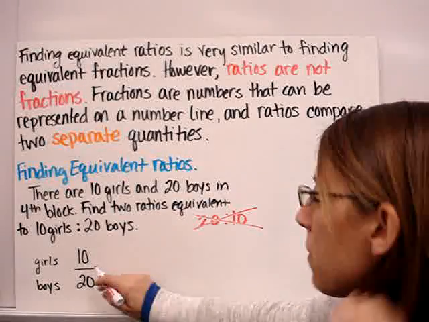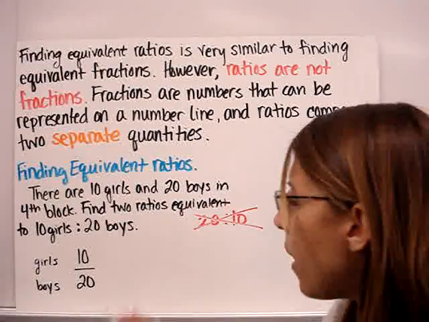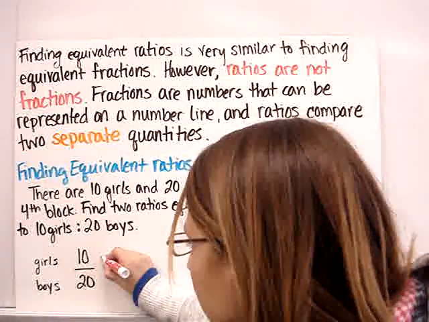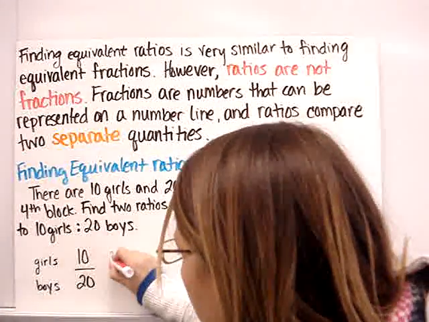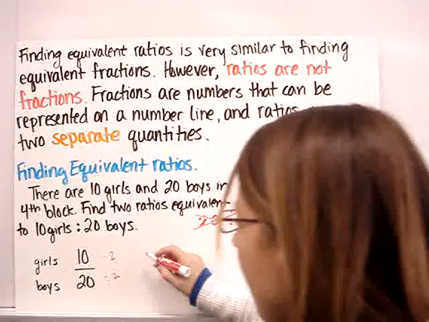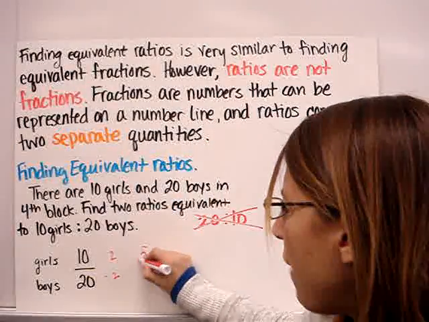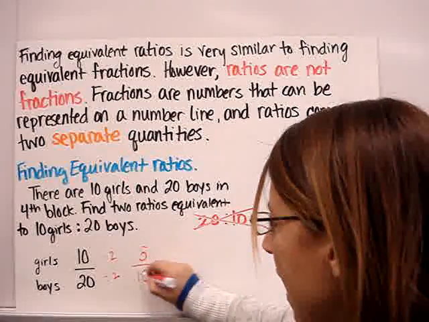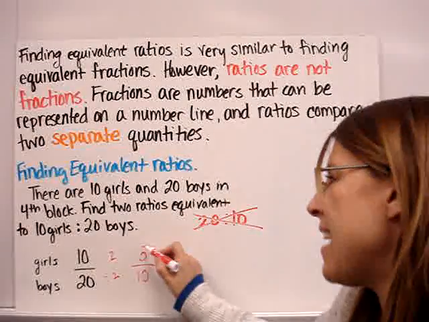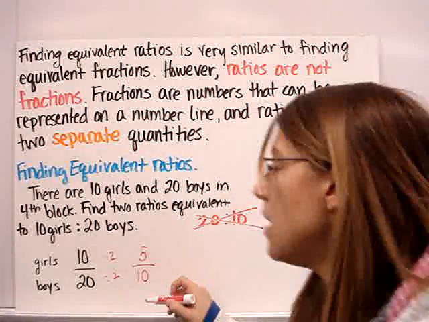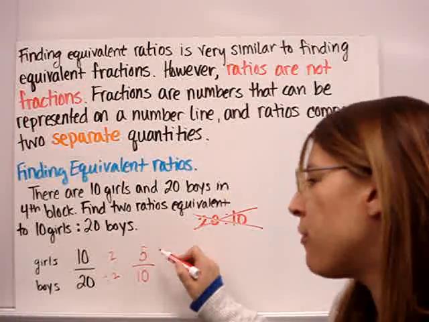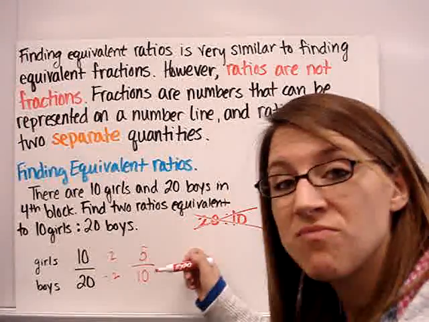Okay? So if I have 10 girls and 20 boys, then if I wanted to, let's say, divide both of these by 2, then I would have 5 girls for every 10 boys. This is an equivalent ratio because I still have half the number of girls to boys, right?